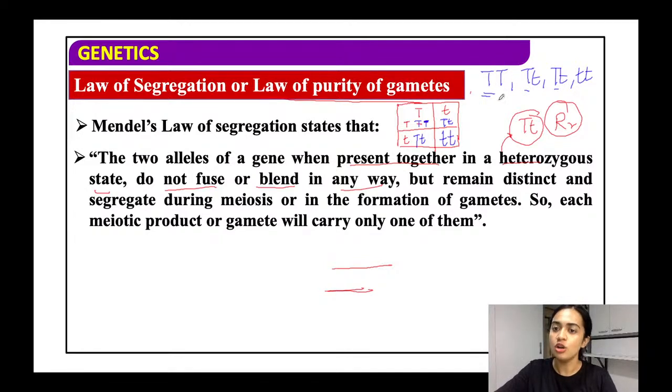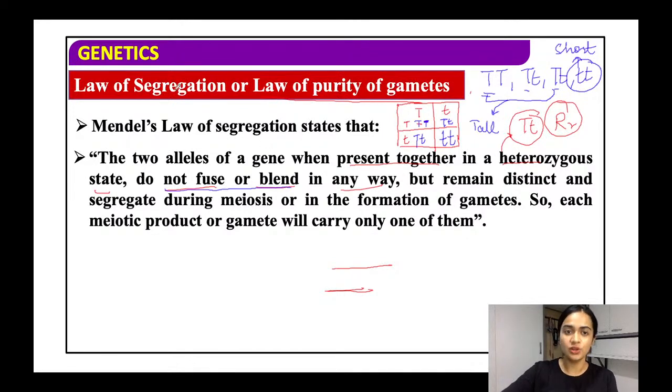That means all of them appear as tall, whereas only the recessive trait appears as short. So this is what is meant by saying they do not fuse or blend in any way. There is no intermediate in between, so no in-between character or a plant of medium height is formed.